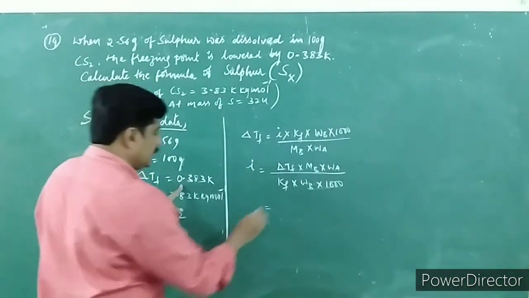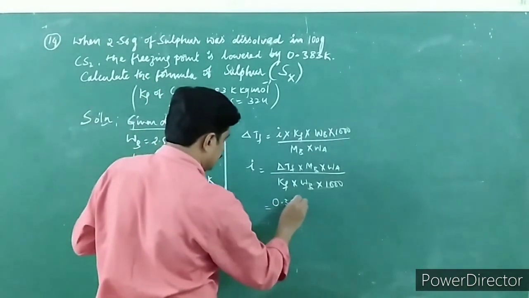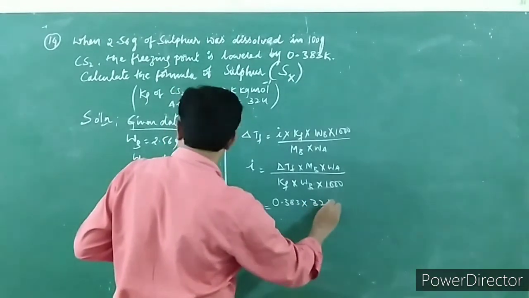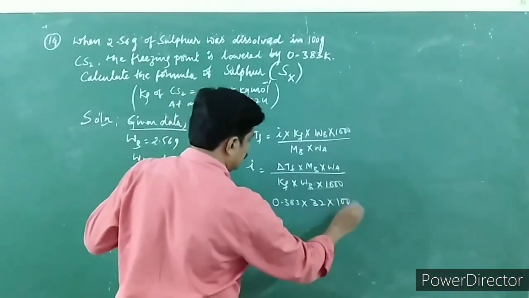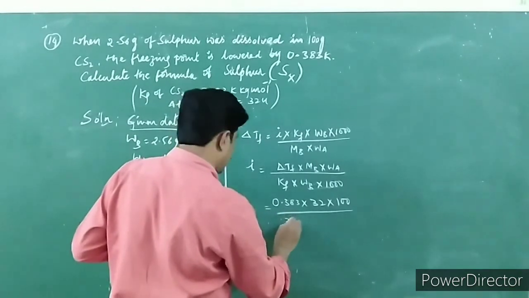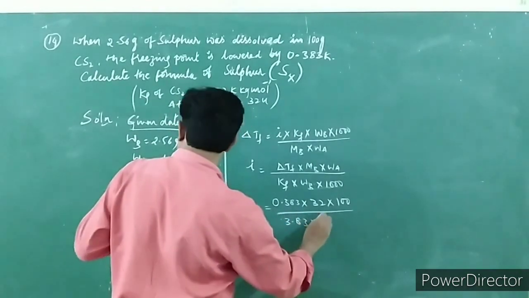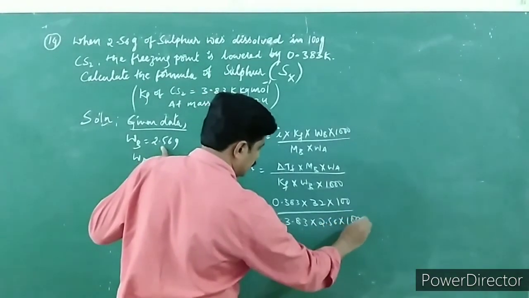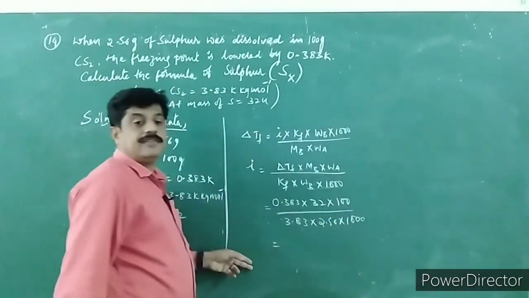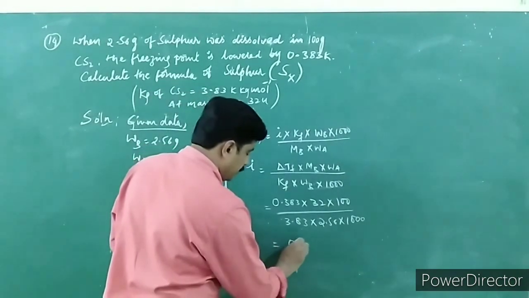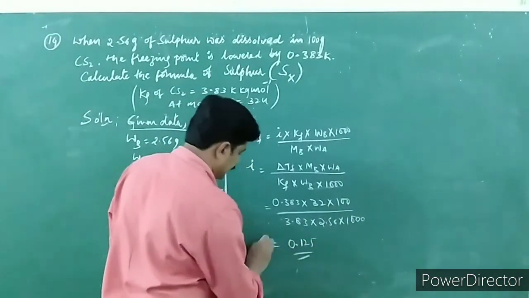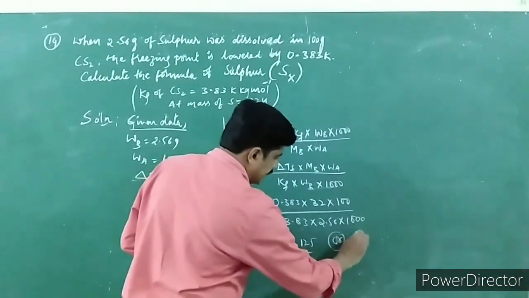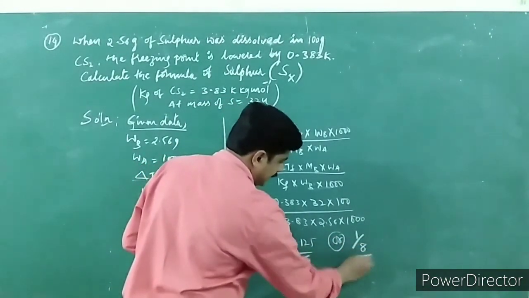Delta TF is 0.383, MB is 32, WA is 100, Kf is 3.83, WB is 2.56 into 1000. Children, if you simplify that, you are going to get I is equal to 0.125. I can write like this also, 1 by 8.